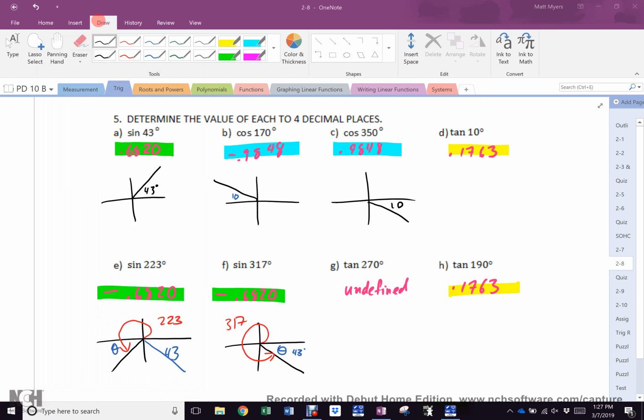Everybody understand what I'm talking about? Your calculator, for the most part, is working with reference angles. But sometimes it's going to mess with your head. That's where you have to know what is going on.